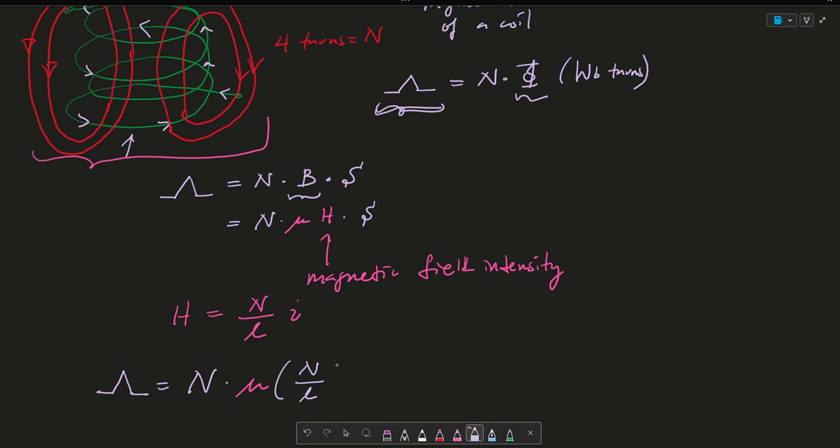N over L times I times S, and this is equal to mu N squared times S over L. All right, and then we multiply this by I.